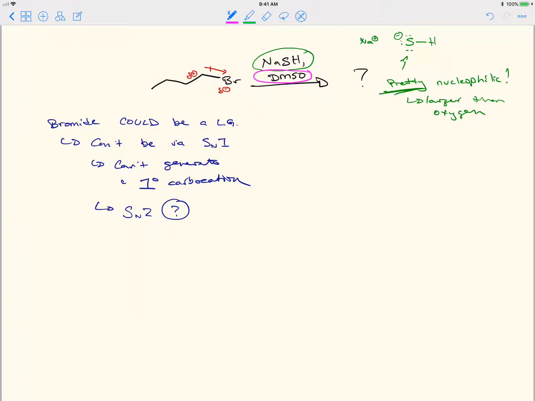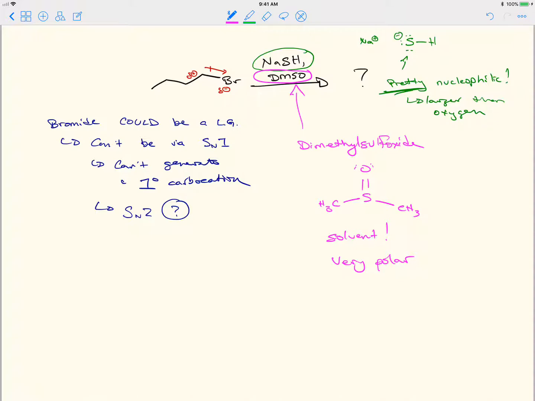What is DMSO? Dimethyl sulfoxide. And it looks like this. Dimethyl sulfoxide is a solvent, and it is a very polar solvent.